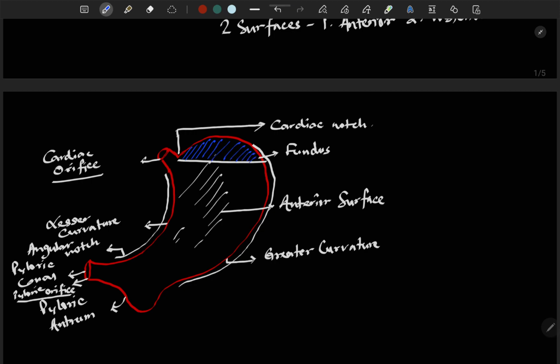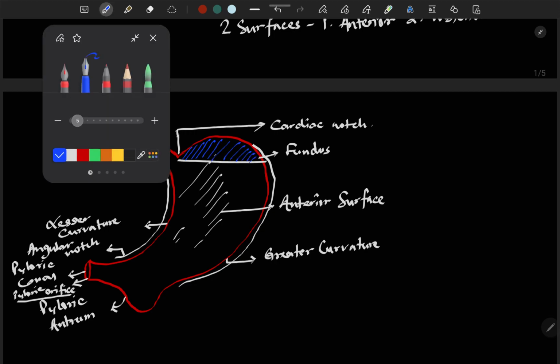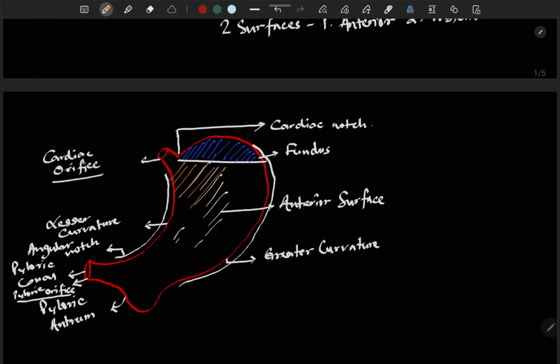This portion is fundus. This portion up to this is body.